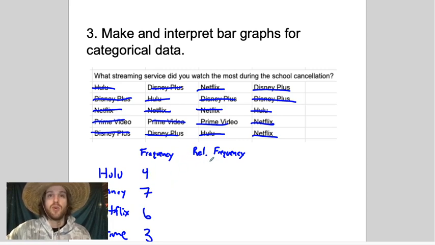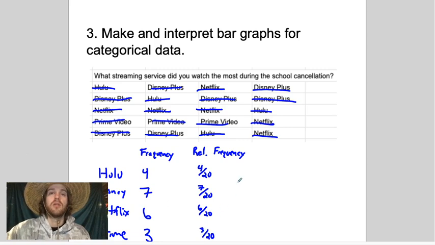So we know that there were 20, so the relative frequency for Hulu was 4 out of 20. The relative frequency for Disney was 7 out of 20. The relative frequency for Netflix was 6 out of 20. The relative frequency for Prime was 3 out of 20.